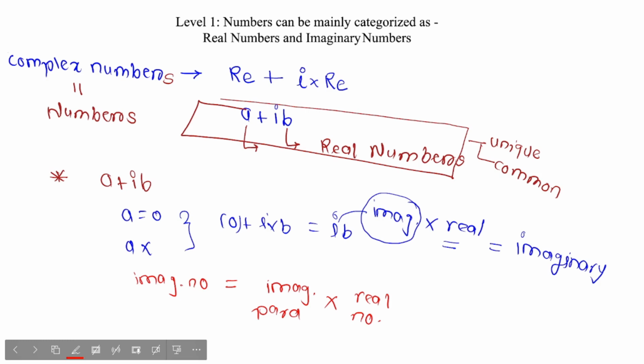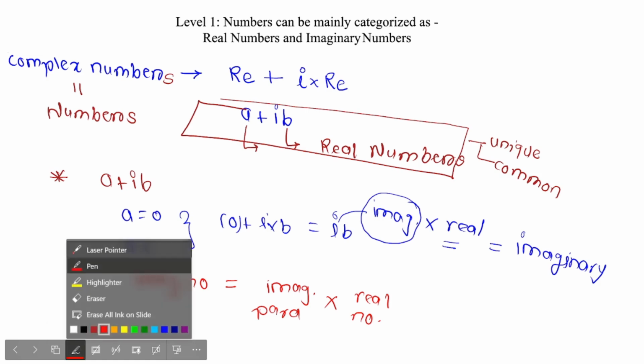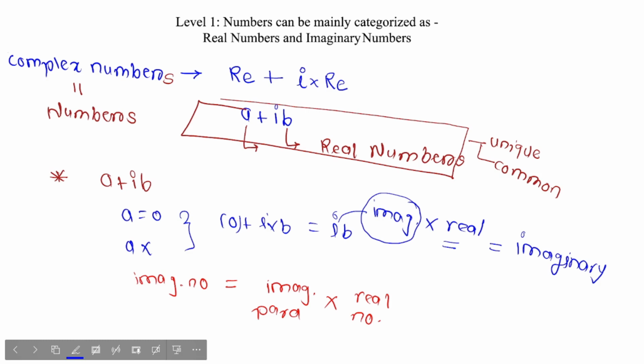Then what is a real number? Now that we have concluded the imaginary number, let's try to understand the real number from the complex number definition itself. Take a plus ib again and consider b equal to 0.